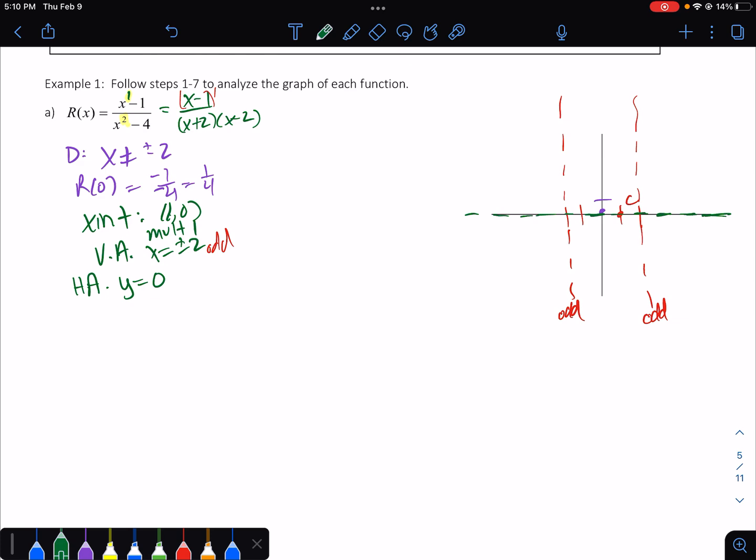Okay. Now, the previous asymptotes that you've looked at with your horizontal asymptotes, like in your exponential or the rational ones where we had it in transformational form, you never crossed the horizontal asymptote. Okay, but that is not necessarily true of all rational graphs. You can potentially cross a horizontal asymptote.